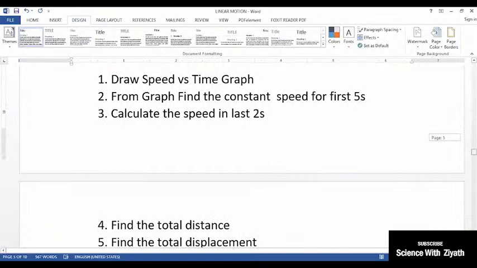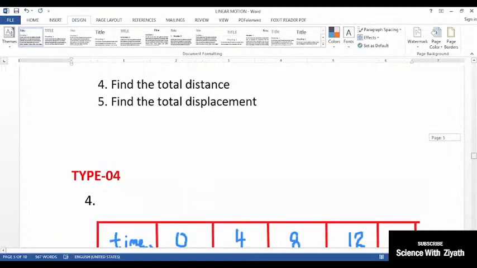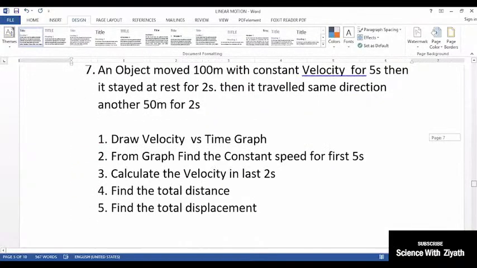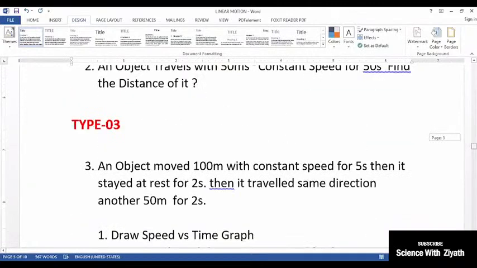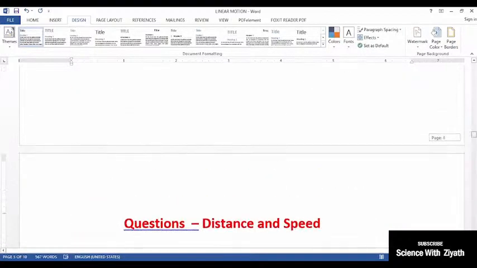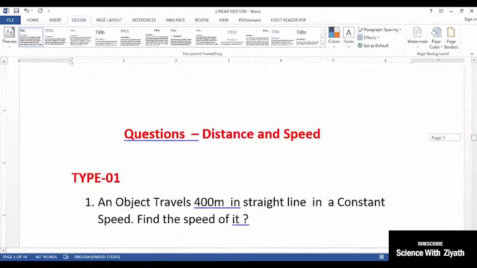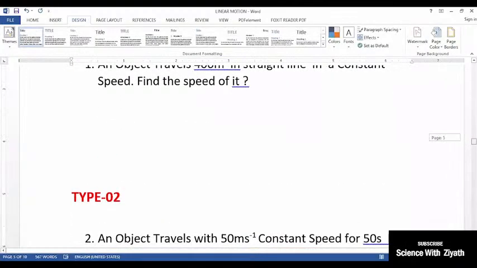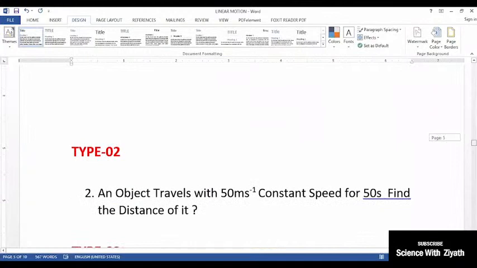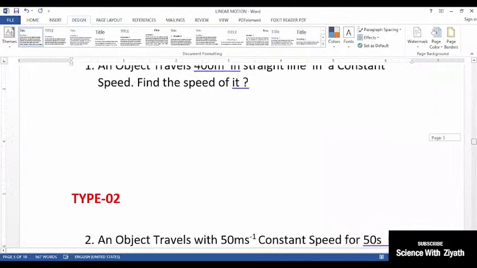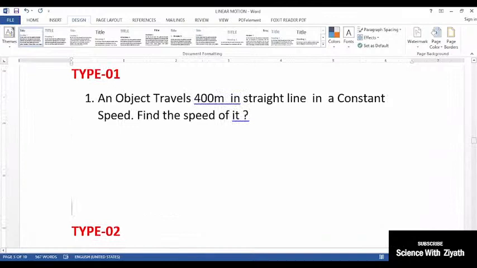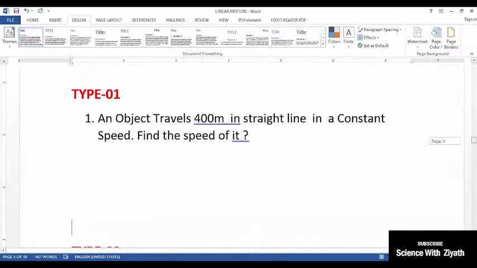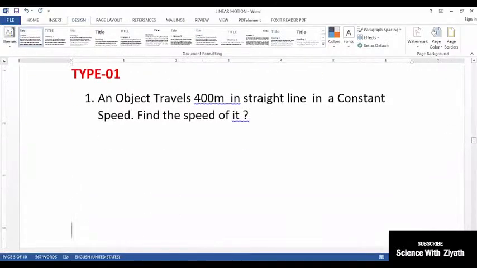Next we will go to velocity and displacement questions, then acceleration questions, then gravitational acceleration questions, and then past paper model questions, and we will finish this one.